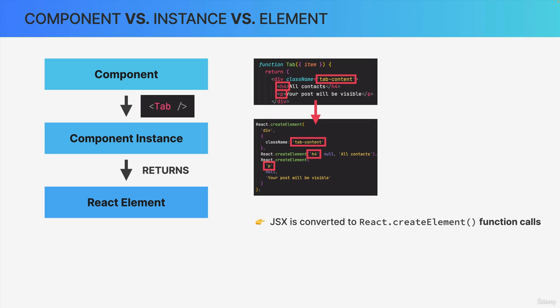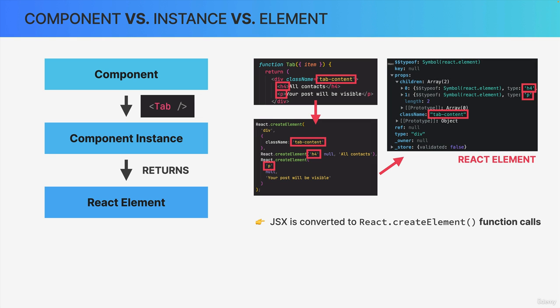Then, as React calls these createElement functions, the result will be a React element. So, a React element is basically the result of using a component in our code. It's simply a big, immutable JavaScript object that React keeps in memory. And we will take a look at this later in our code.